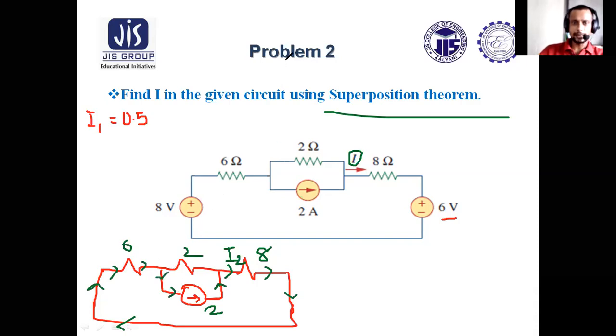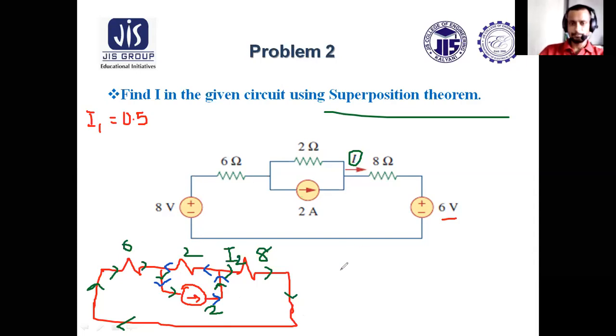Another current flow path is this. So the main current of 2 ampere is divided into the 8 ohm, 6 ohm path and a 2 ohm path.